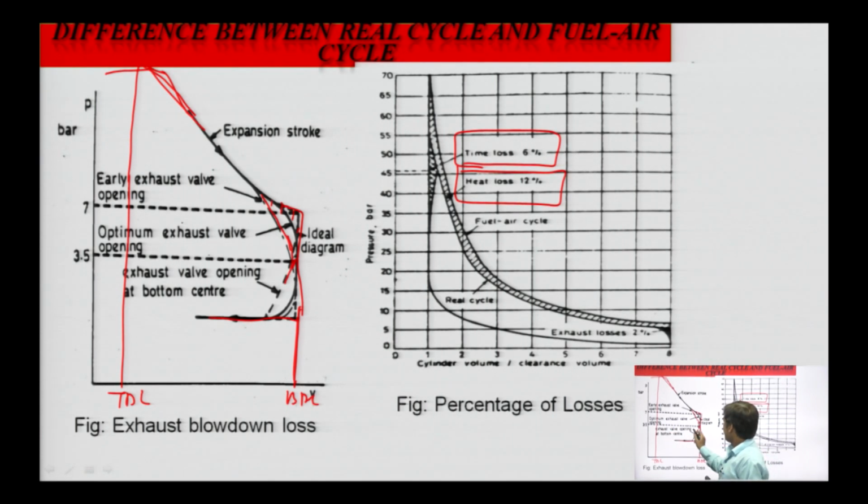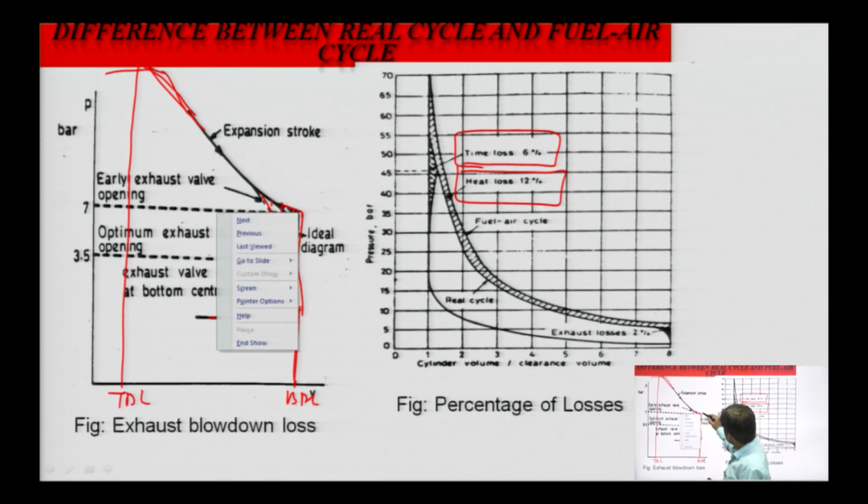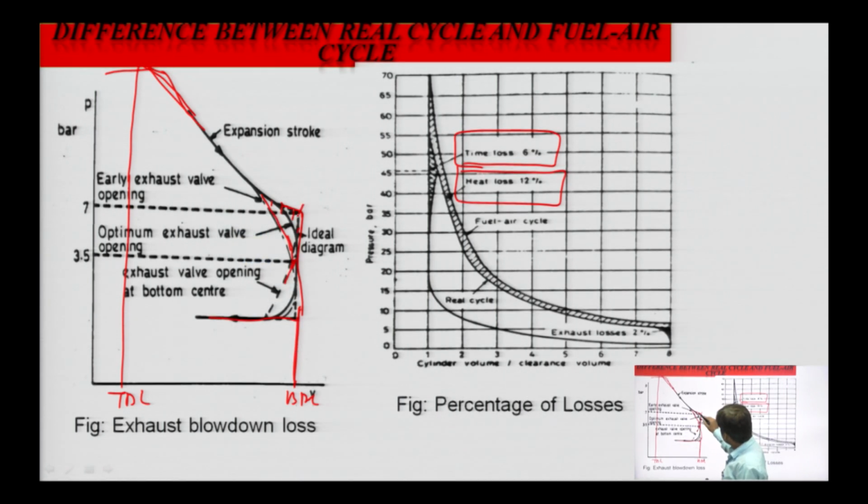So, if we open the exhaust valve at bottom dead center, opening the exhaust valve here, it will be like this. So, this much amount of loss will be there.